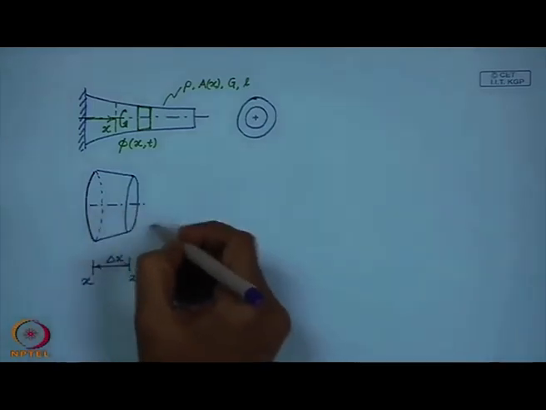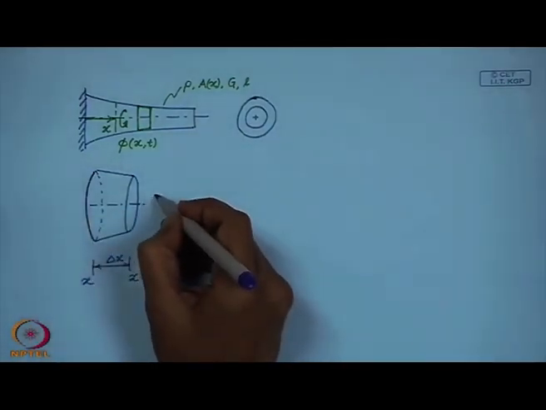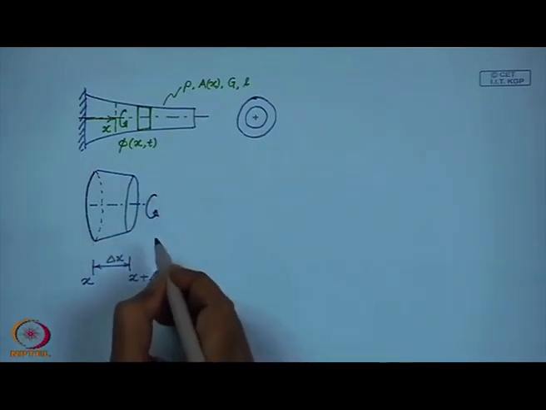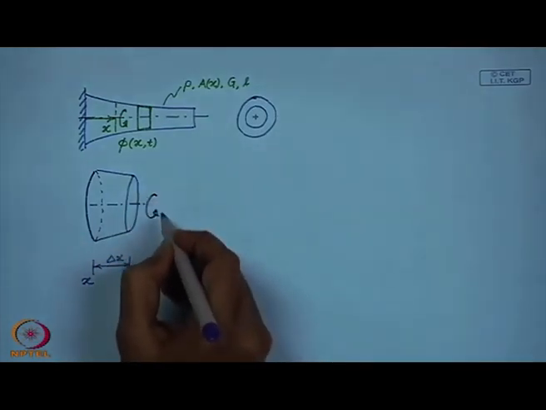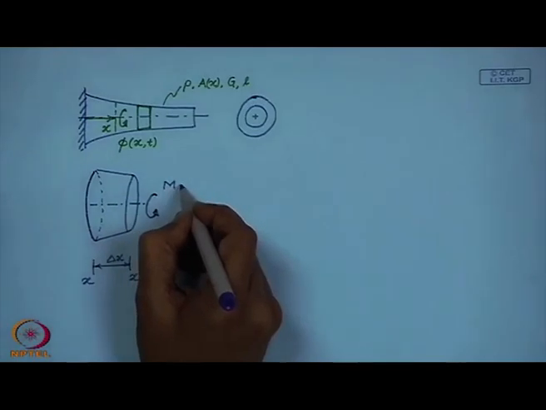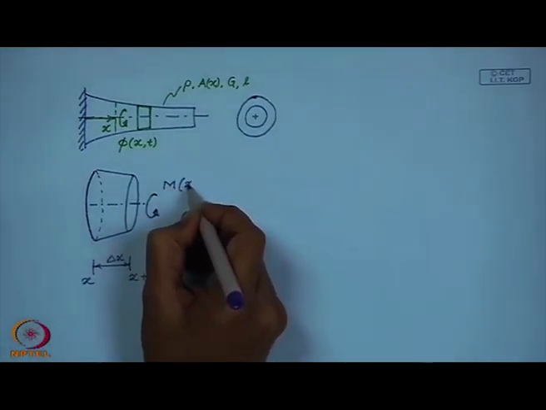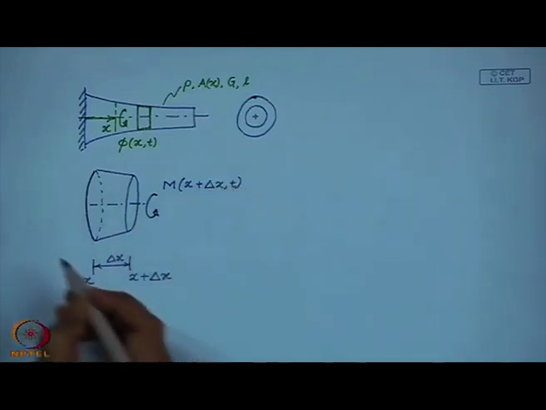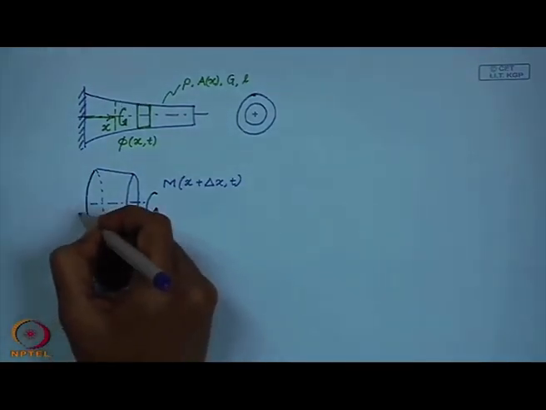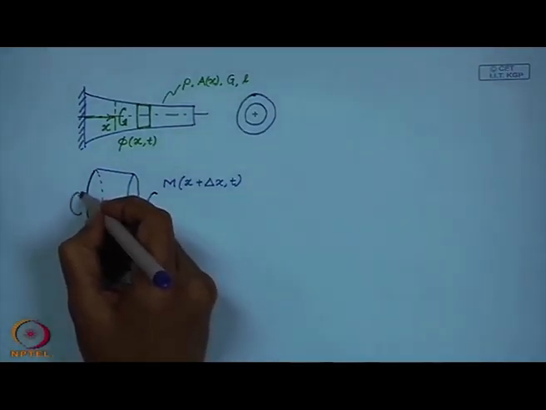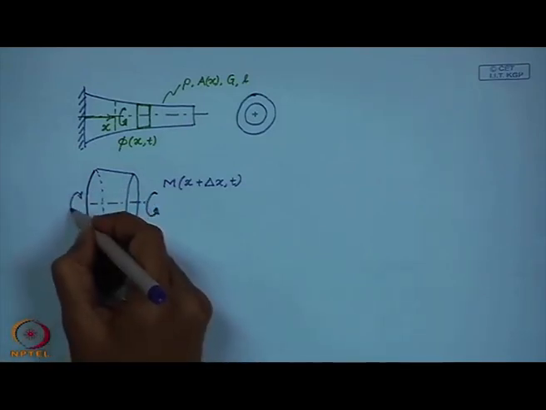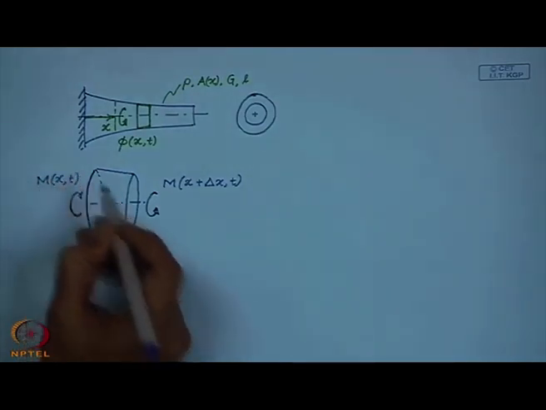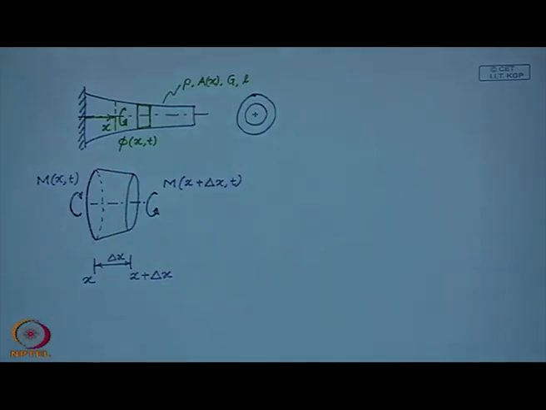Now, on the right end of this bar, let us consider the moment represented by M of x plus delta x at time t. On the left hand, we have the moment on the cross section as M of x comma t.